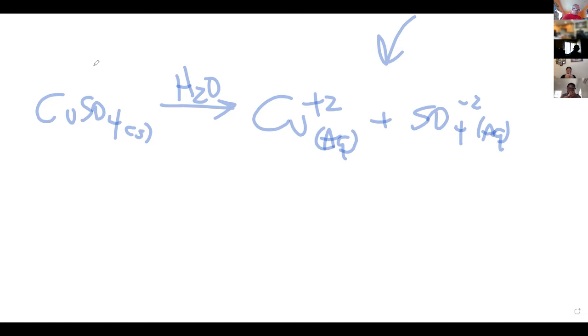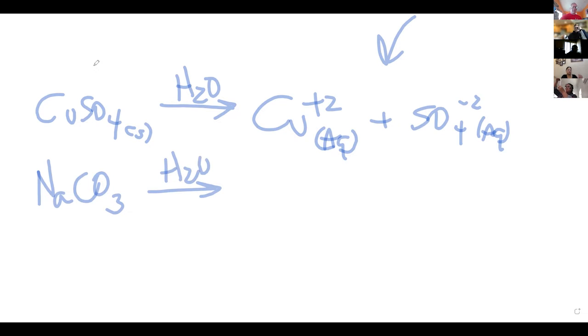So I have this solution. I also have this solution, sodium carbonate. I put that in water, and now I have sodium ions and carbonate ions in solution.